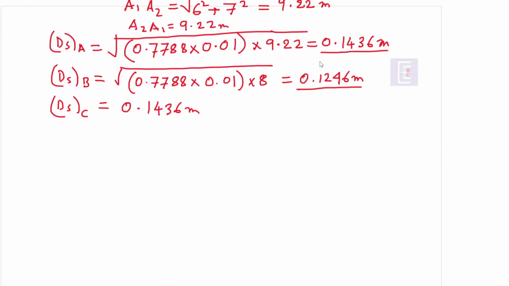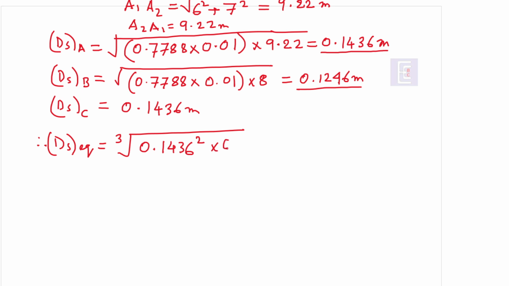Once you have calculated all three, the equivalent DS, the self distance equivalent, is the product of all three, and then you take the cube root. So we have 0.1436 twice, so you take the square, and then 0.1246. It should come out to be 0.137 meter.